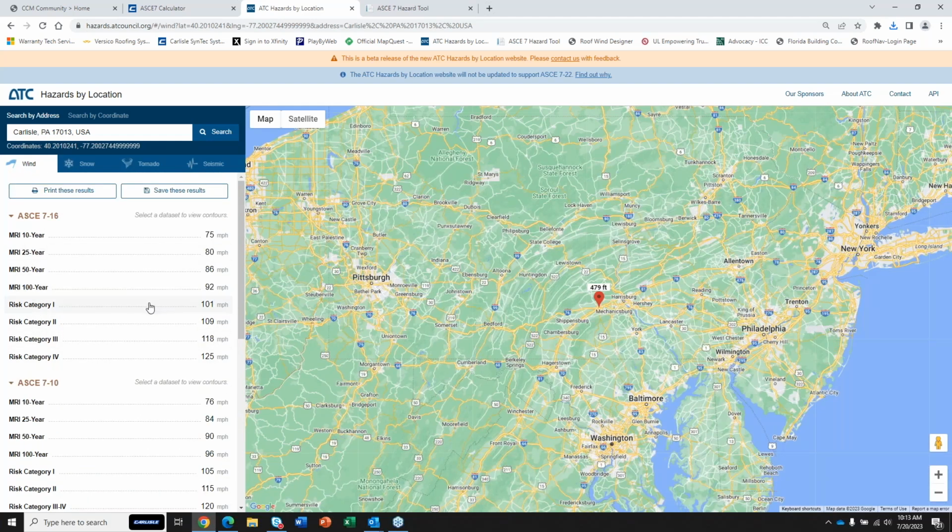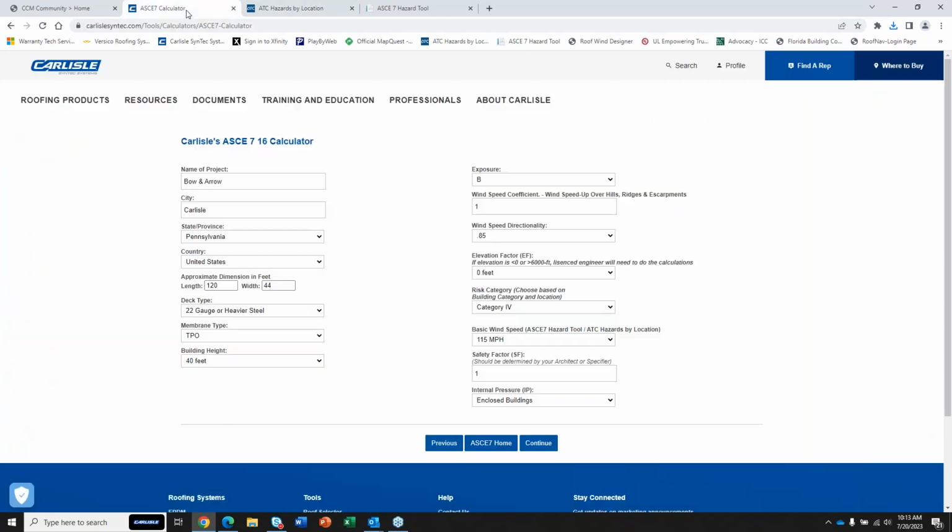The ones we want to focus on are going to be the risk categories. These additional ones here for MRI are used by structural engineers for different things other than roofing. So we want to basically focus on these types of winds. And again, it's 125. So that's what we would put into the calculator itself. So we come to the calculator, come down to 125, and then we have it good.